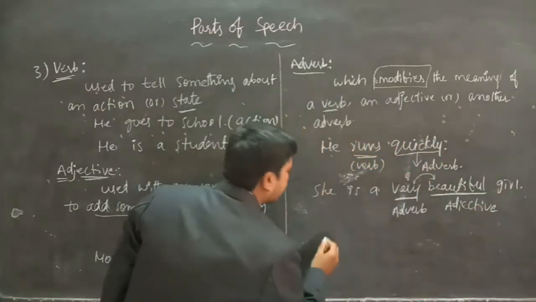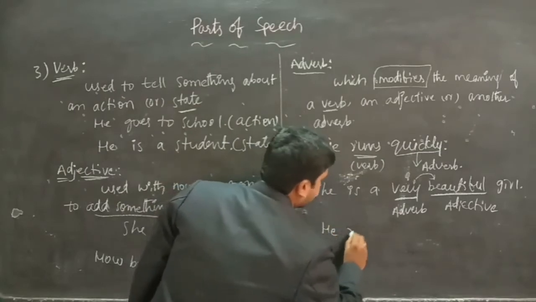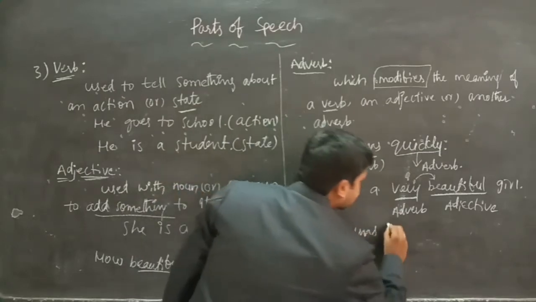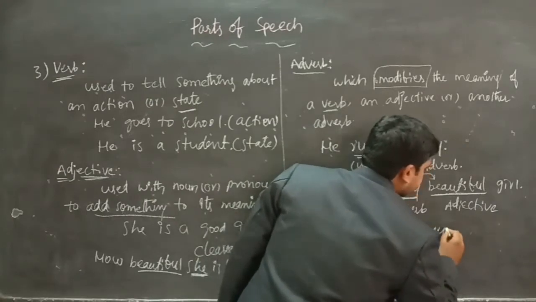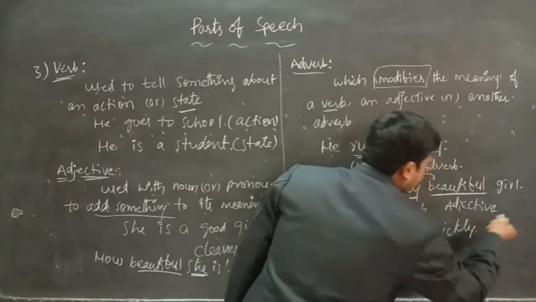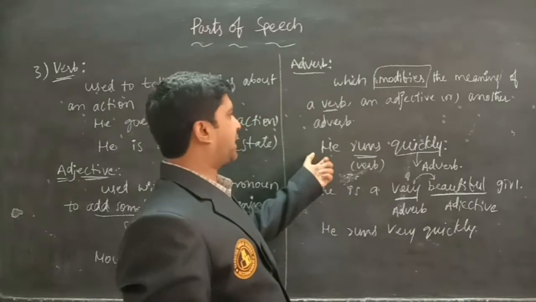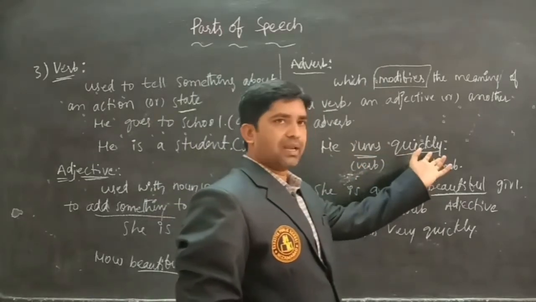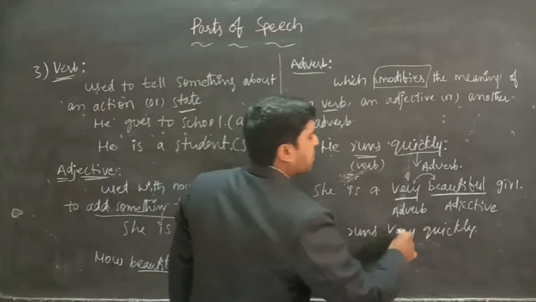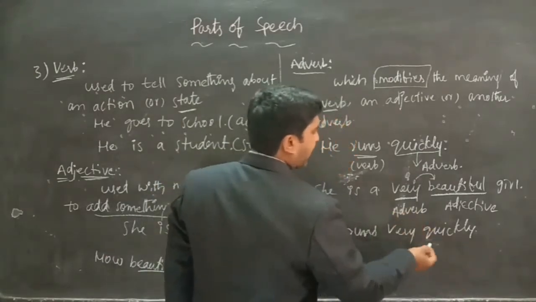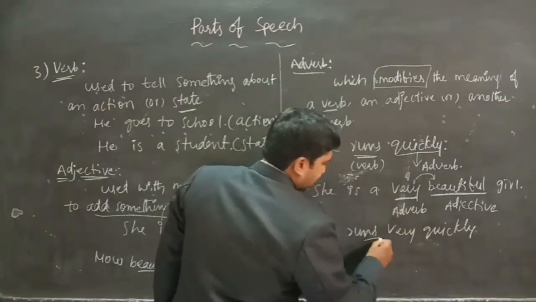And here, he runs very quickly. Here in the first sentence we said he runs quickly. But here in this sentence we are saying that he runs very quickly. We are comparing the run.